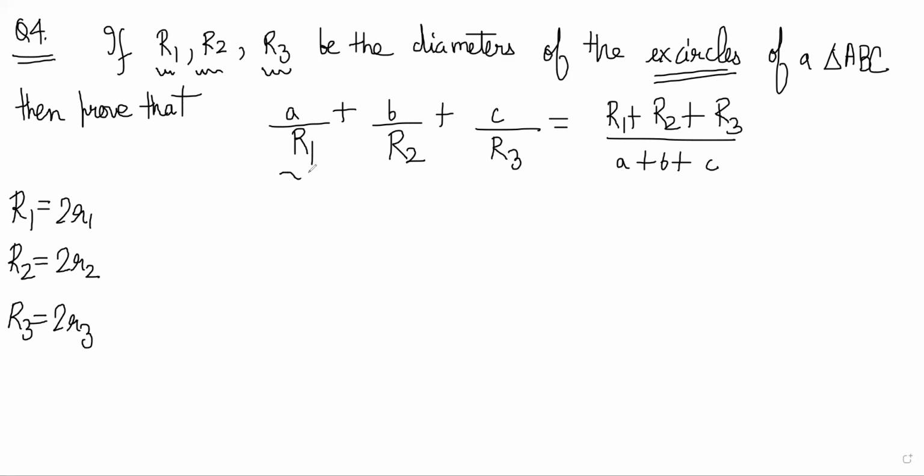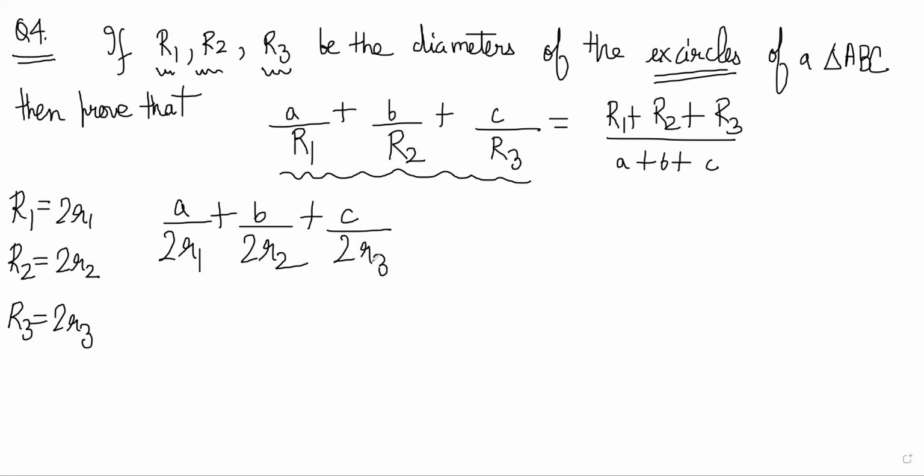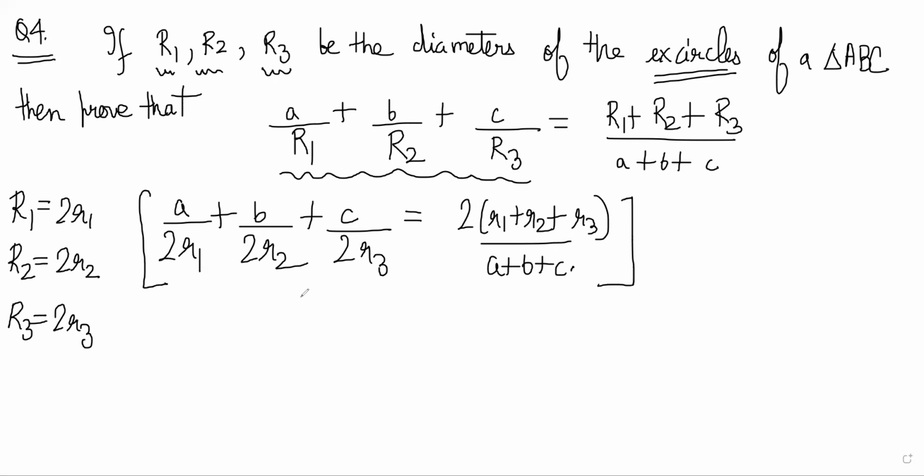So what we have to prove here is that this relation is true. So you have A by 2r1 plus B by 2r2 plus C by 2r3 is equal to 2 times r1 plus r2 plus r3 by A plus B plus C. Correct. Yes. This is what we have to show.